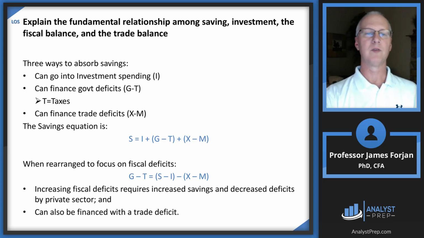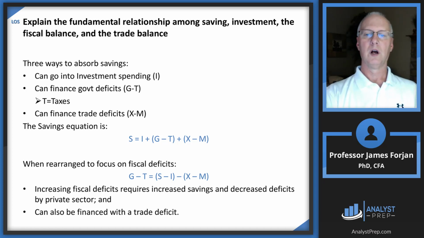They can go into investment, they can finance government deficits, and they can finance trade deficits. And this is a big thing in the United States these days, especially from a political standpoint. There are some politicians who are very interested in the U.S. government deficit, and there are other politicians, and some are agreeing with each other, that there are problems with our trade deficit.